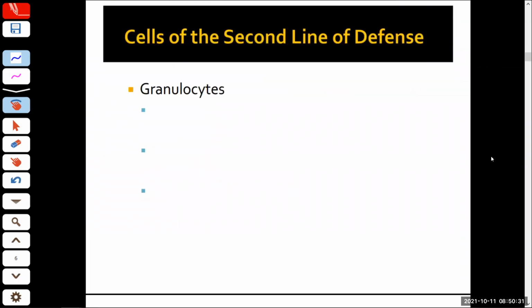Okay, so your granulocytes. Keep it simple. These are cells that contain grains of histamine.